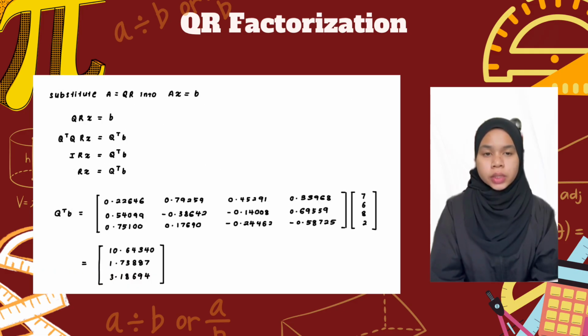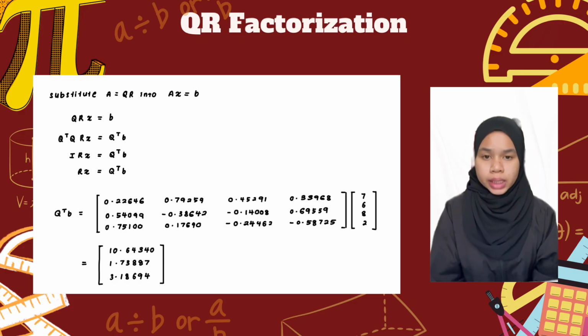After that, we substitute A is equal to QR into the equation AX is equal to B. We obtain QRX is equal to B. Next, we multiply both sides by Q transpose.